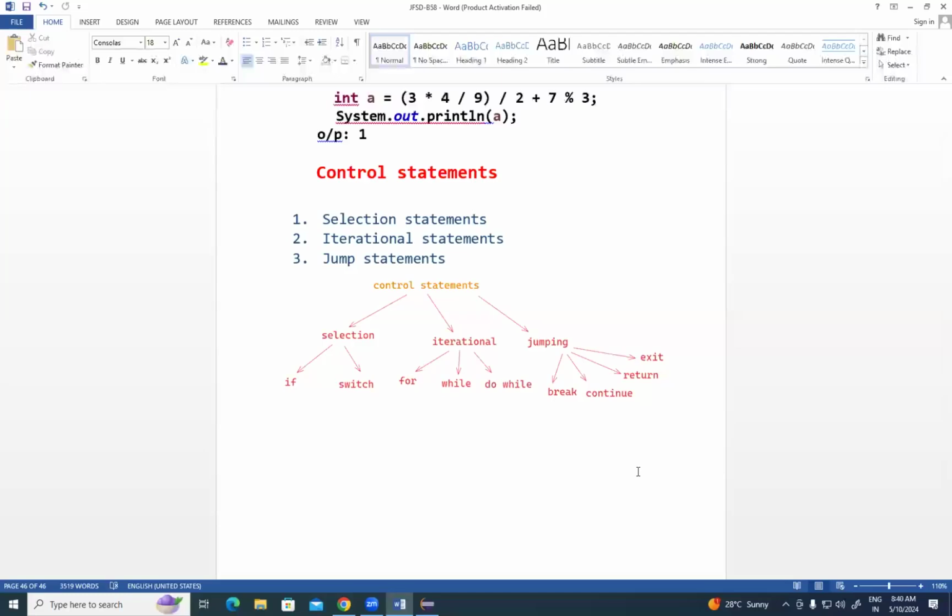Initially, we are going to start with which statement? Selection control. In selection statements, first, the if statement. Selection means select one; if not that one, then go to the next one.